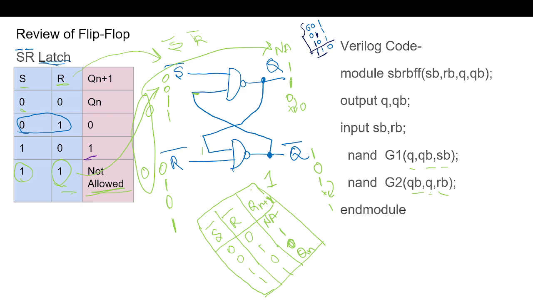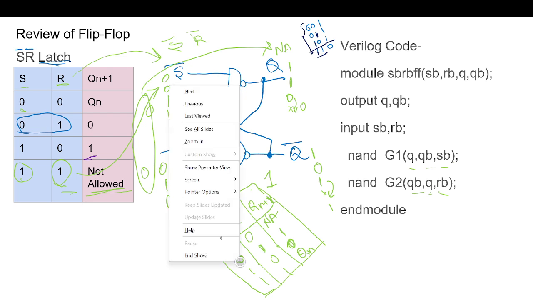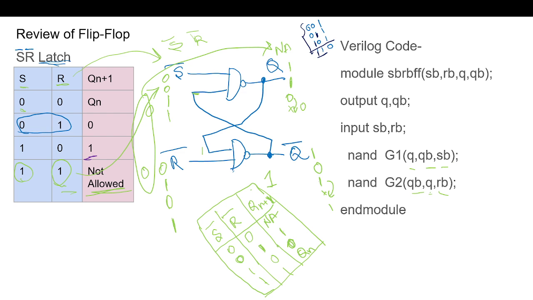For 0 0 it is invalid, and for 1 1 it shows the previous state. When set is 0, S bar is 1, so it is set to 1. When reset is 0, R bar is 1, so it is reset to 0. Now it is time for any doubts.